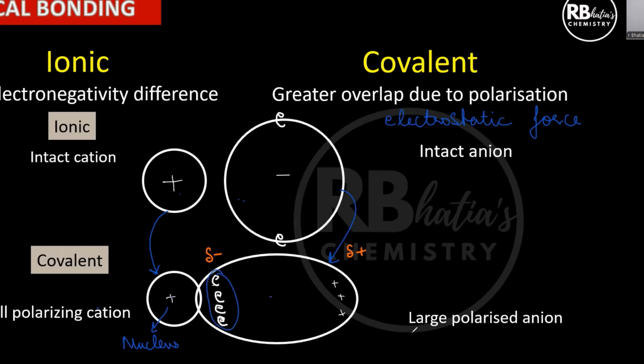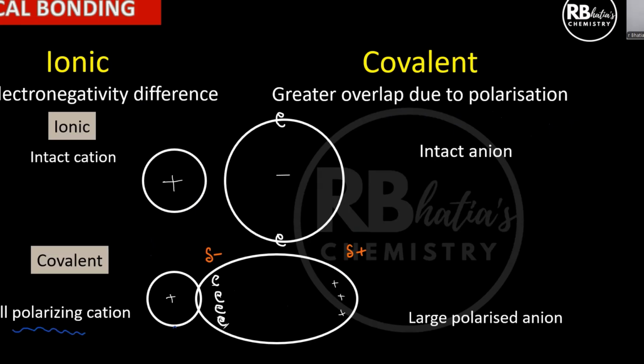And a large anion means its electron cloud can be easily distorted, right? So what does this small cation do? This small cation is polarizing in nature. Polarizing in nature means it can polarize the large anion.